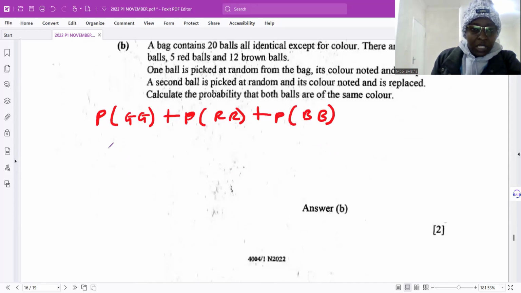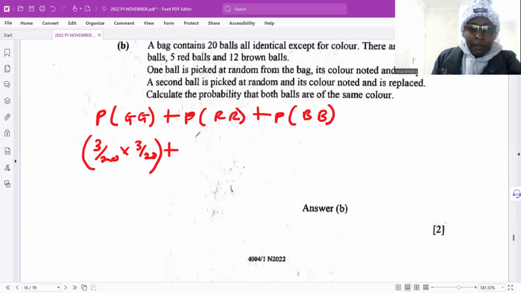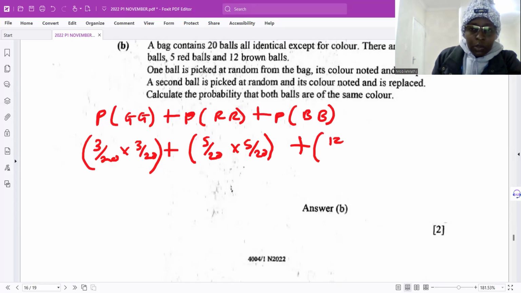For green, we said 3, so this is going to be 3 over 20 times 3 over 20. Plus for red, it's 5, so it's 5 over 20 times 5 over 20. Plus for the brown, that's 12 over 20 times 12 over 20.